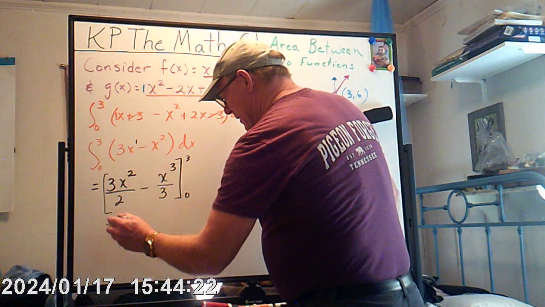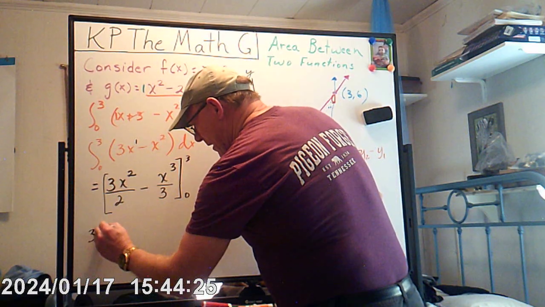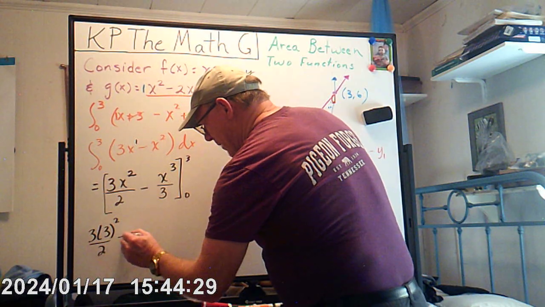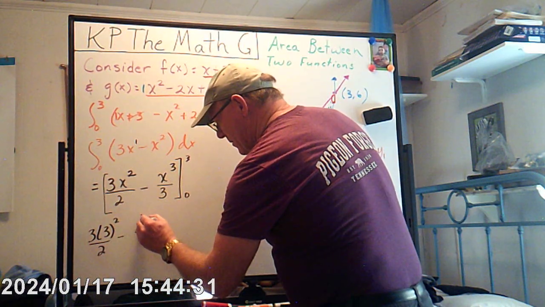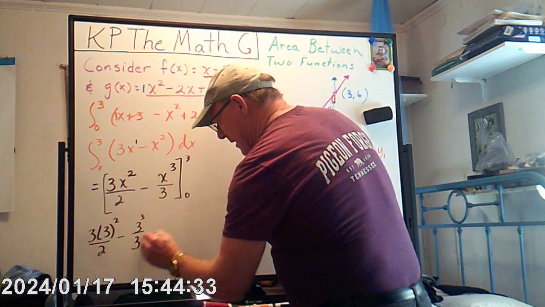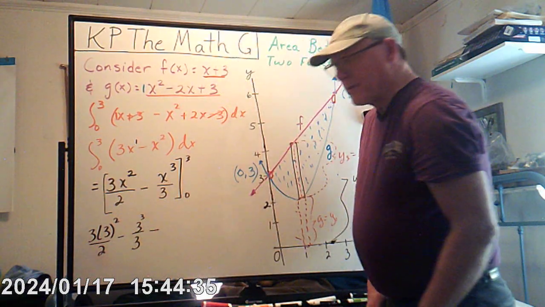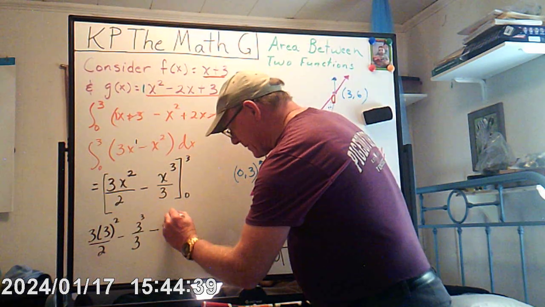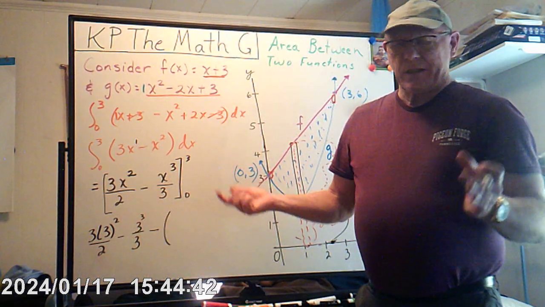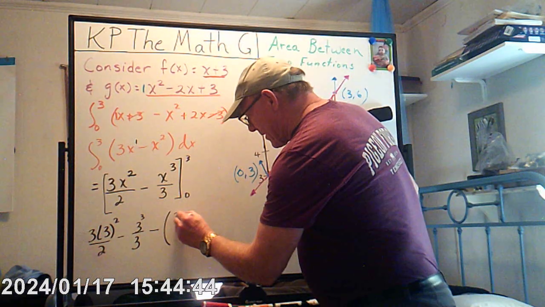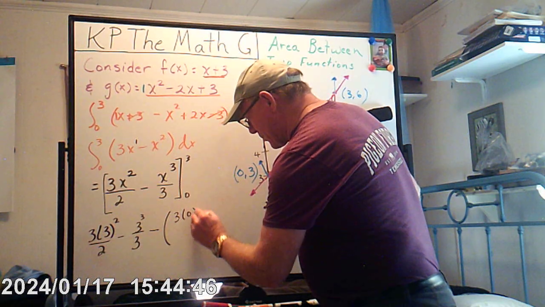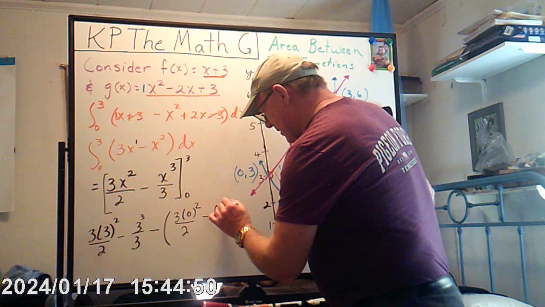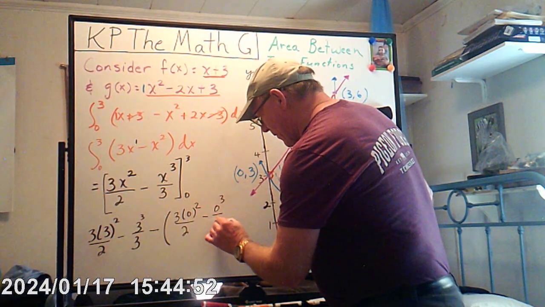So here we go. 3 times 3 squared over 2 minus 3 cubed over 3 minus, well, now if I plug 0 in both of these, what do you think I'm going to get? Now that's one big 0, but let's plug it in anyway. So 3 times 0 squared over 2 minus 0 cubed over 3.